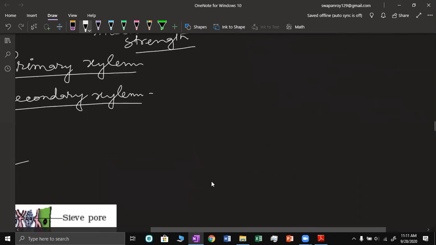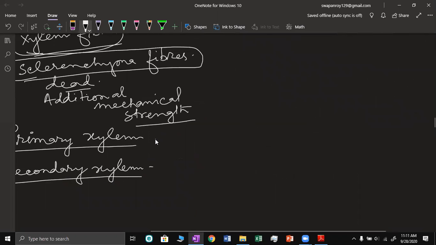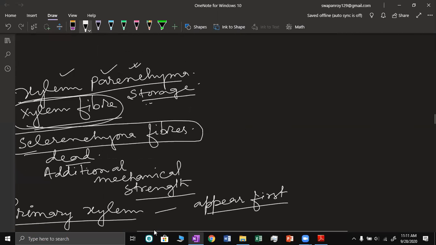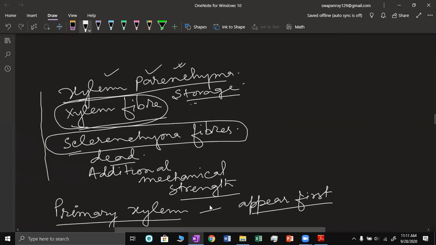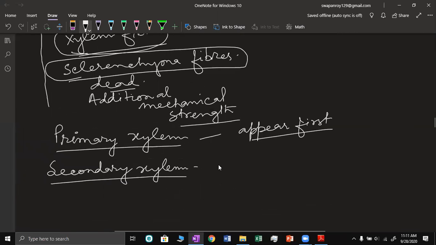What is primary xylem? Primary xylem is the xylem tissue which appears first during the development or growth of the plant. The secondary xylem appears later on, in the later stage of development.